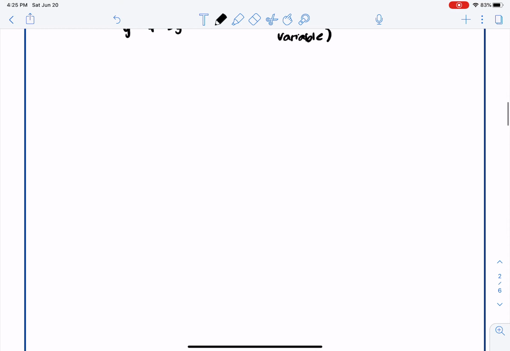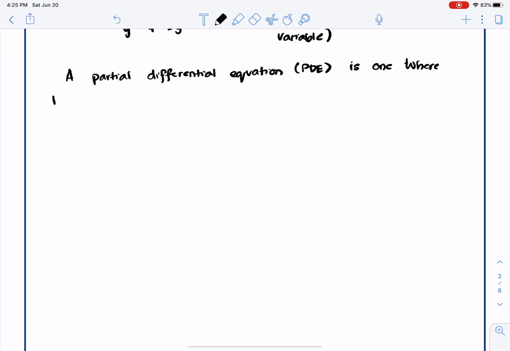So a partial differential equation, or PDE, is one where there is more than one independent variable.